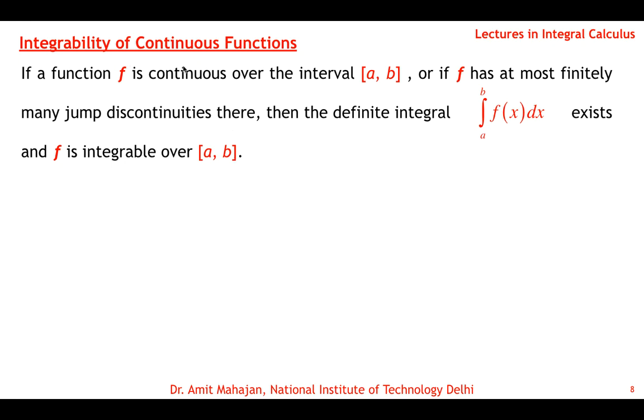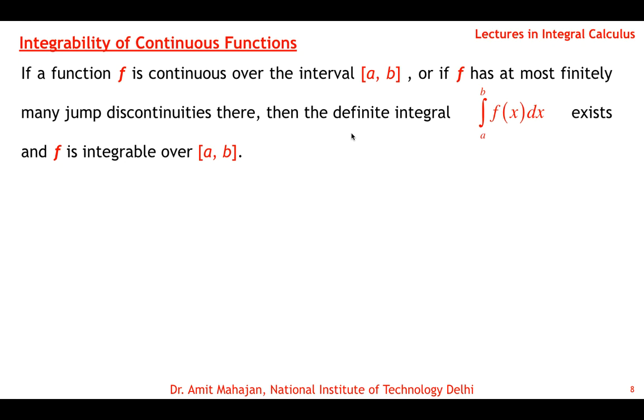So whenever we have a continuous function or a piecewise continuous function, then the function is integrable over ab. And if the function is integrable, the limit of the Riemann sum will exist and it will be unique.